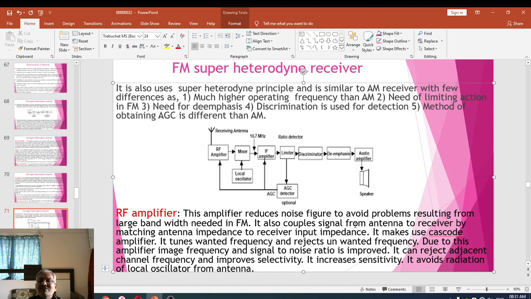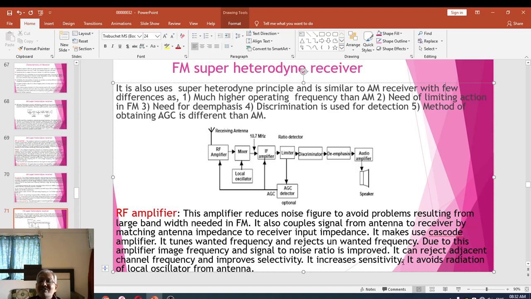It also couples the signal from the antenna to the receiver by impedance matching the antenna to the receiver input impedance. It makes use of a cascade amplifier. It tunes the wanted frequency and rejects unwanted frequency. Due to this amplifier stage, image frequency rejection and signal to noise ratio are improved. It can reject the adjacent channel frequency and improves the selectivity.